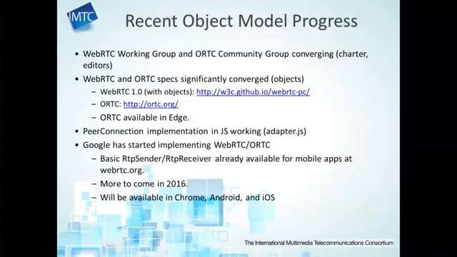We actually have successfully emulated Peer Connection in ORTC as well, which is one of the promises of ORTC, which is that we could implement 1.0 on top of it. Also, Google has started implementing the WebRTC object model as well as ORTC. You may have seen the basic sender receiver already in there for mobile apps. There's more to come in 2016. Hopefully, we will get to the point where the object model is solid enough in 1.0 for implementation to begin. I know Mozilla already has a bunch of it in there right now, and eventually it'll be available everywhere. Next.